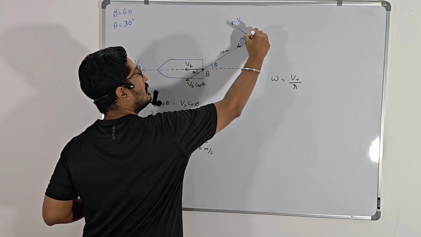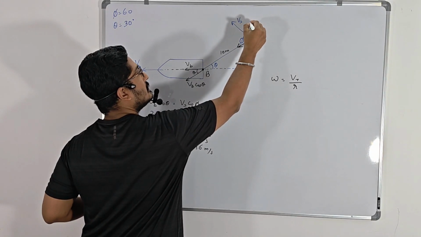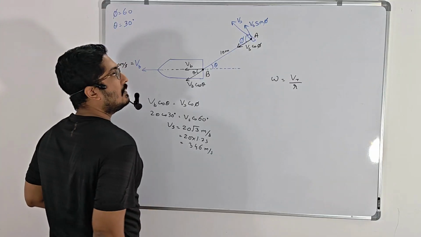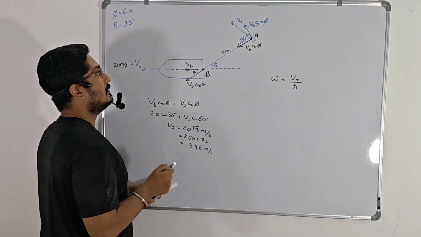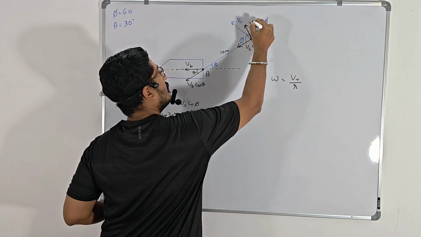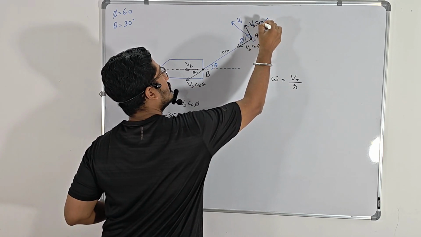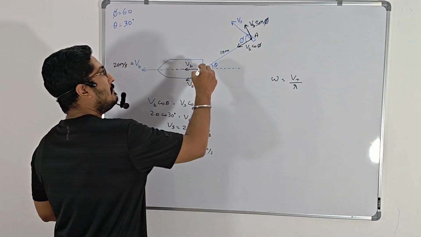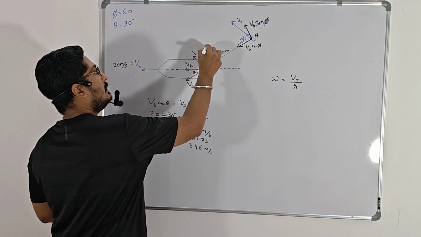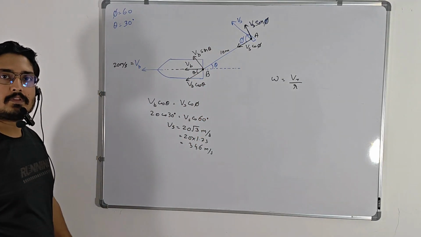For example, if I'm trying to find this component, can I say this would be Vs sine phi? And same way here also I can have one Vb sine theta, two components.